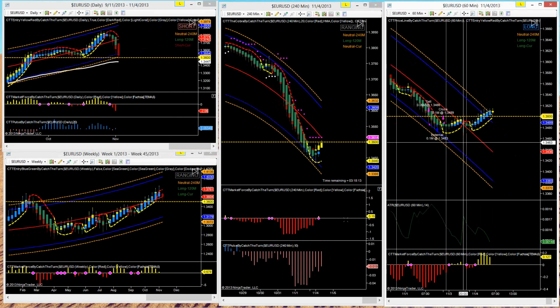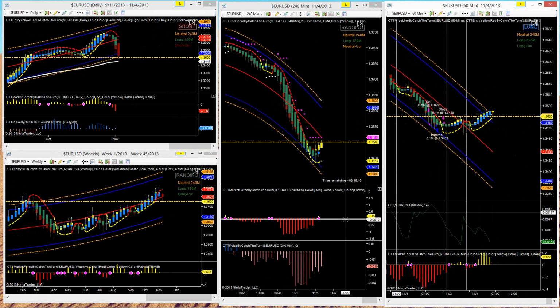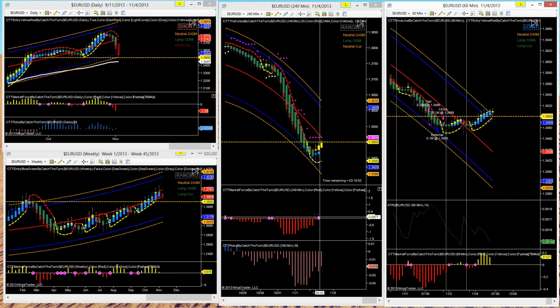But the only thing that I do not like in this 4 hour chart, see, it says the short is over. It popped a dot here, and we're just now beginning to get one candle saying that this is the beginning of a long. So that's generally very important. But in the weekly chart, we have a dot saying the long is over. I mean in the daily, and now it's all short. So I'm comfortable with just taking short.